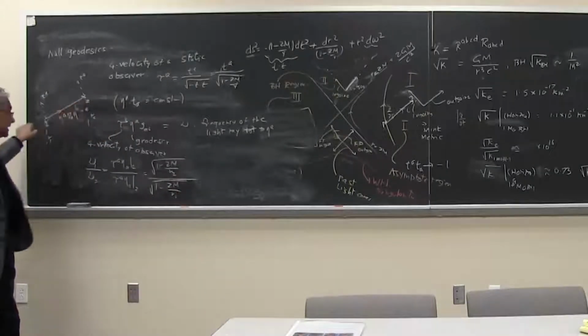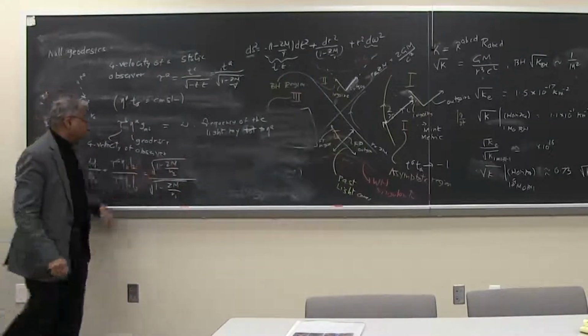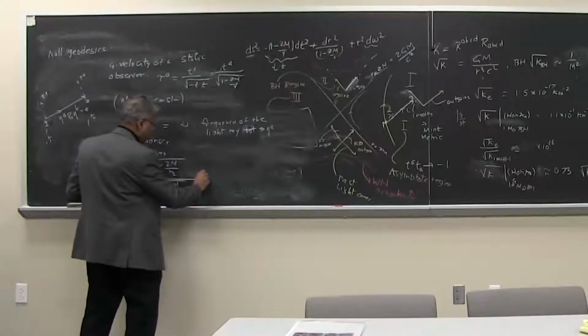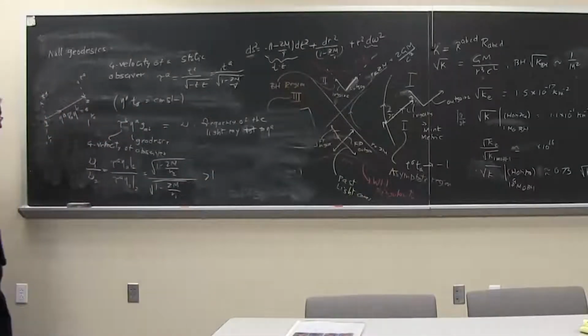Now R2 is bigger than R1, therefore this quantity is smaller, and therefore this ratio is actually bigger than 1.